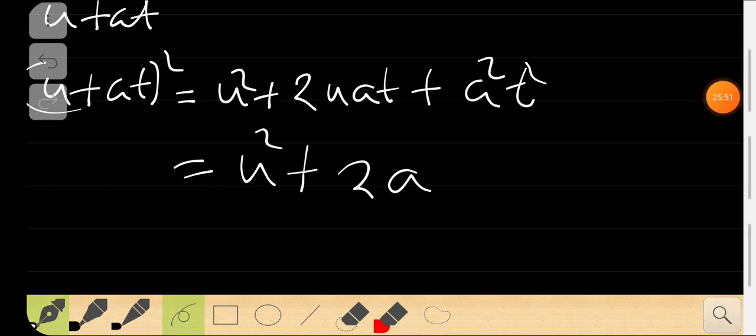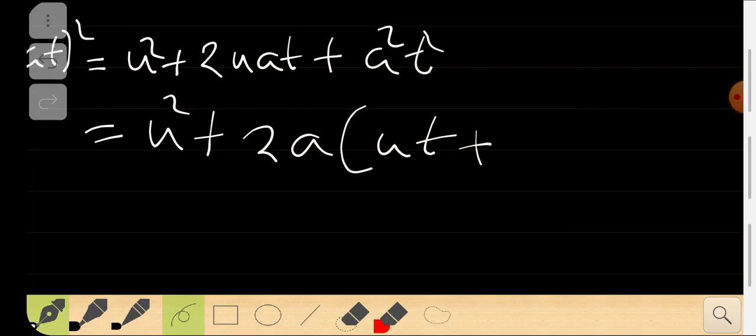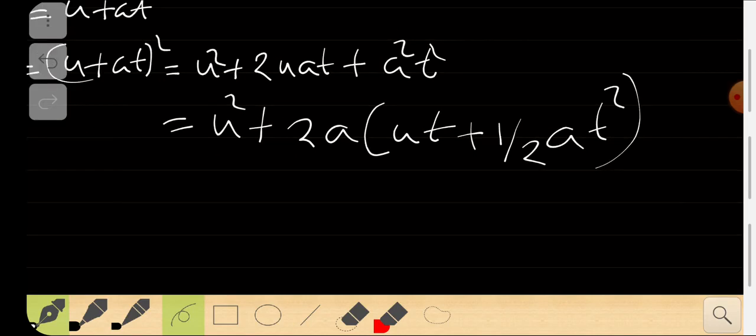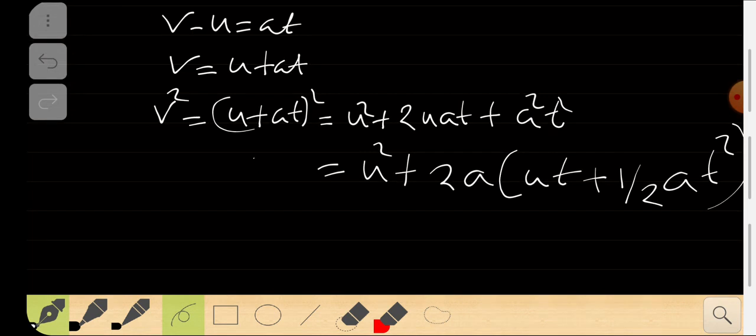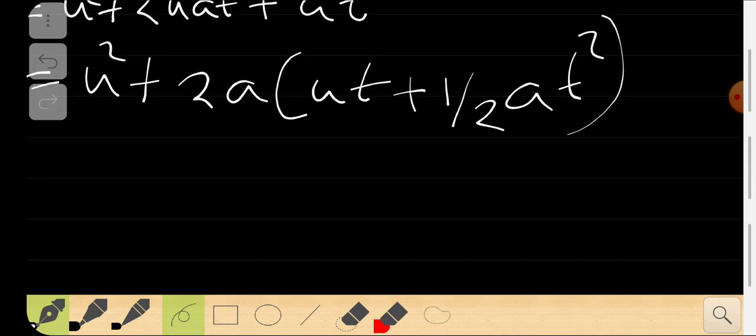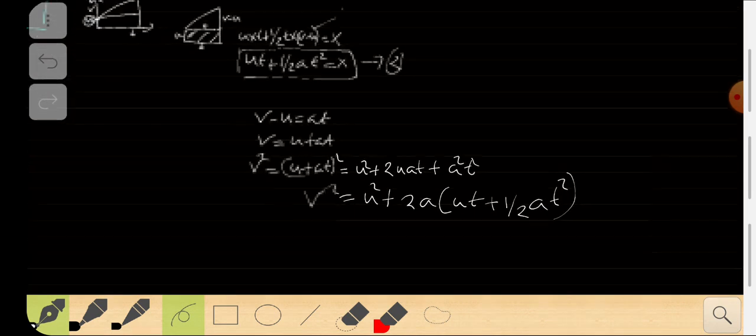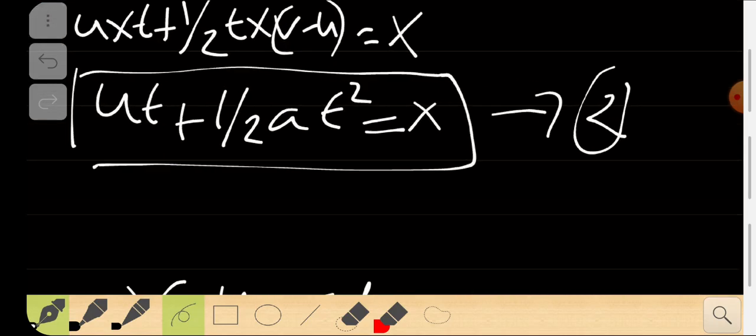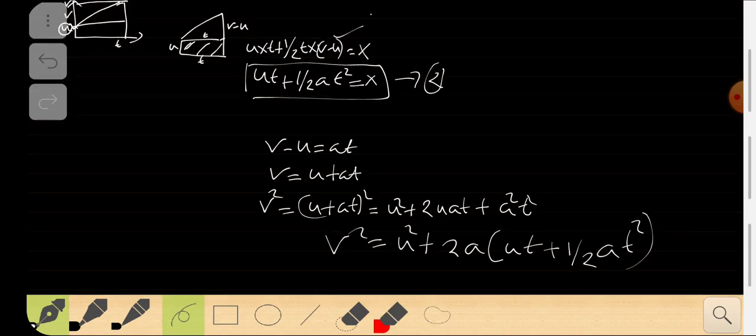The remaining will be ut plus, when 2a comes out, I'll get a half here, half times 1a, and half at square. So this is ut, this is v square here. So you can see that ut plus half at square, if you look at the previous equation, is just x, right?